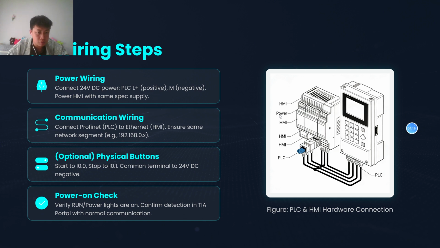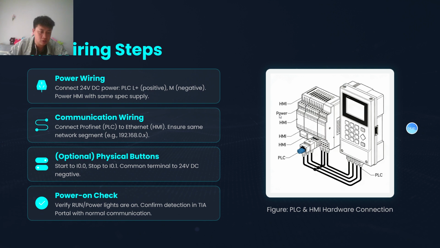And the wiring step. Power wiring: connect 24 volt DC power, PLC L plus positive, M negative. Power HMI with the same supply. And communication wiring: connect Profinet to Ethernet, ensure same network segments.